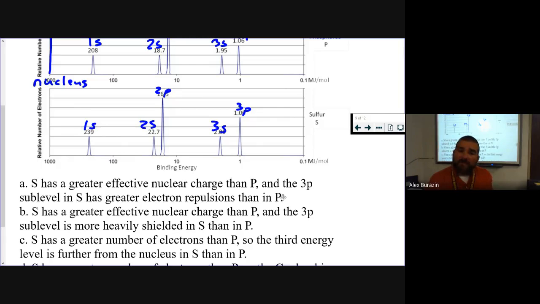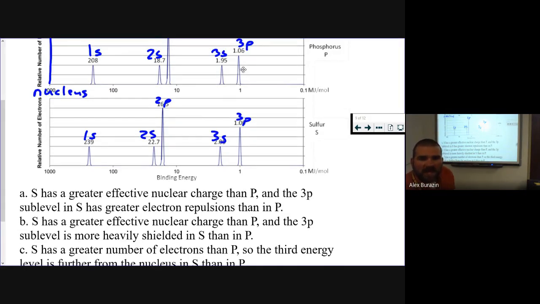They still will have repulsion between them. So let's just verify this. Is there more electron repulsion in the sulfur 3p orbital than there is in the phosphorus 3p orbital? Well, in phosphorus, up here, we have 3 electrons in the p orbital, and in sulfur we have 4 electrons in the p orbital.